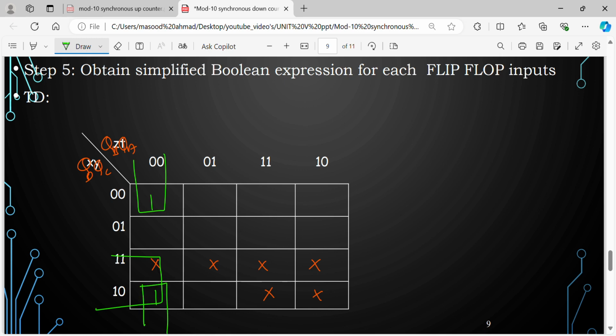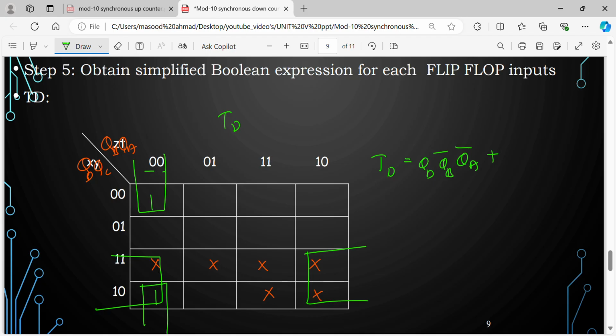So if I do that, this is the table for TD. The expression for TD will be, I can write the expression like this. When these two are combined, this is QA bar, QB bar, and what is common over here is QD plus, it is 1 for 0.